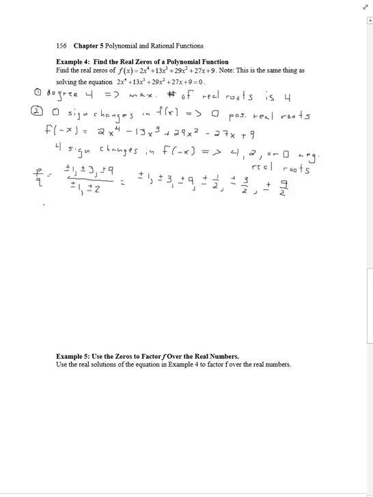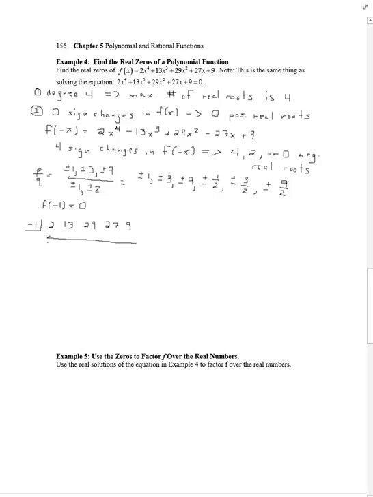So let's start with negative 1. F of negative 1, so if I put negative 1 in for x in the function, I get 0. So let's do synthetic division with negative 1. So we've got 2, 13, 29, 27, and 9.